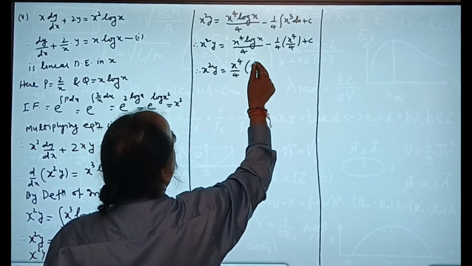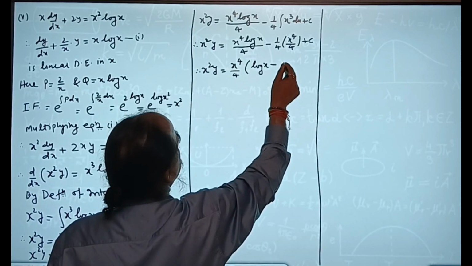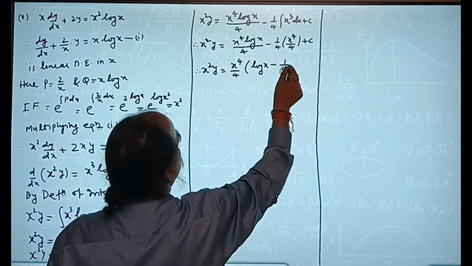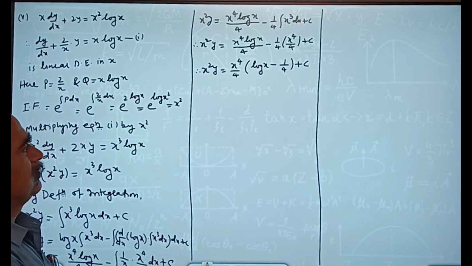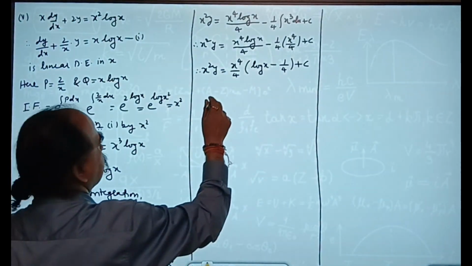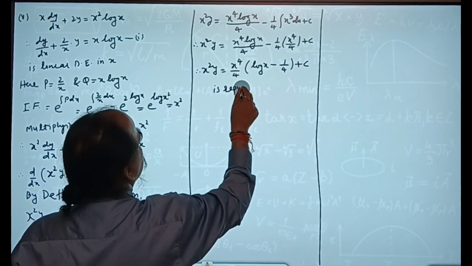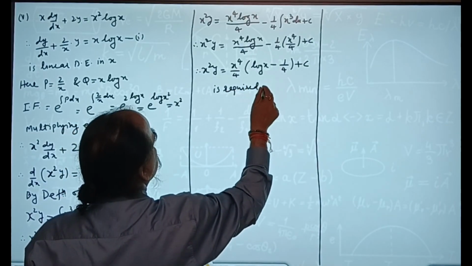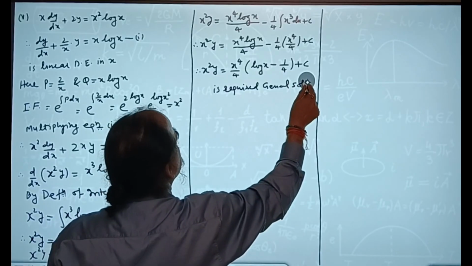In the bracket we'll get (log x − 1/4) + c is the required general solution.